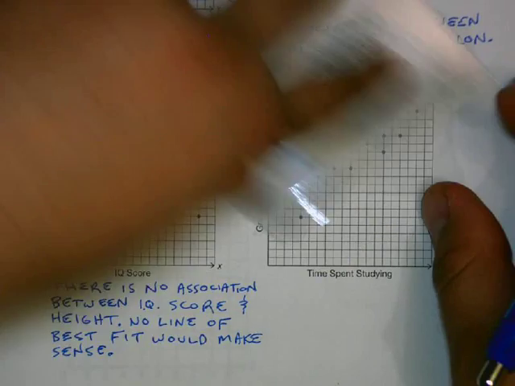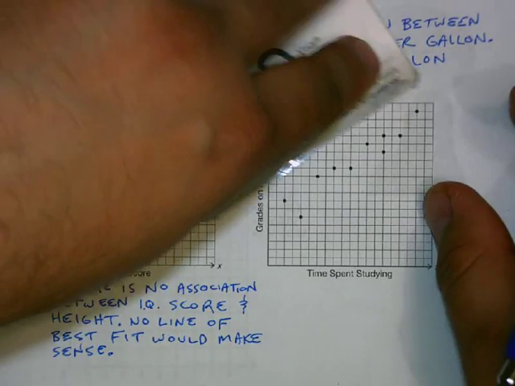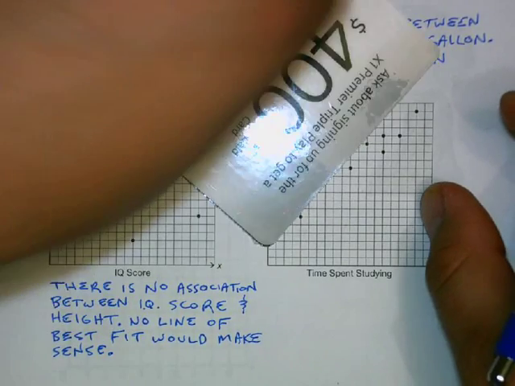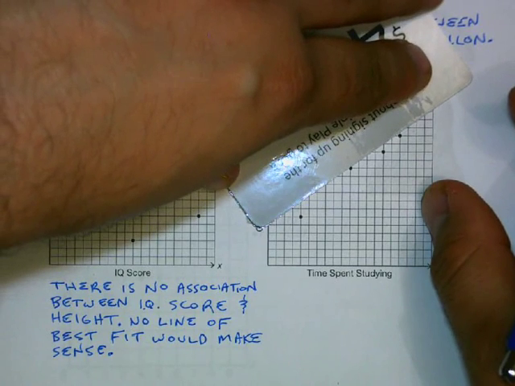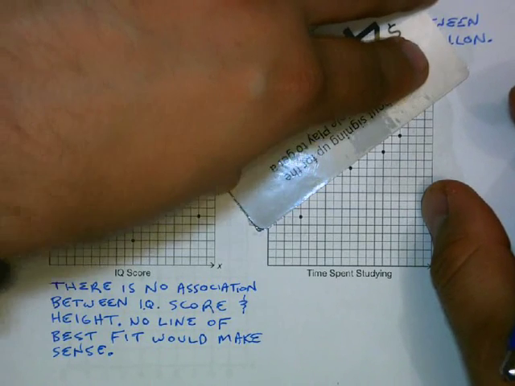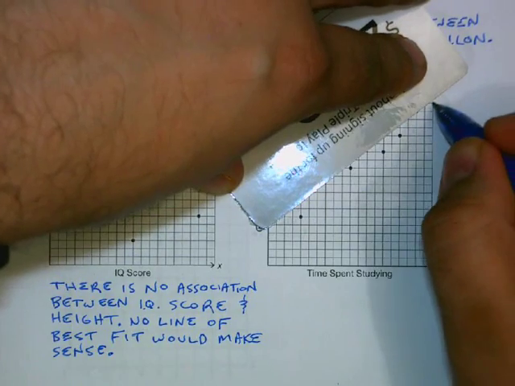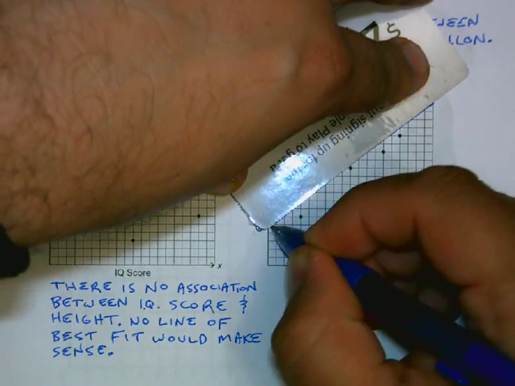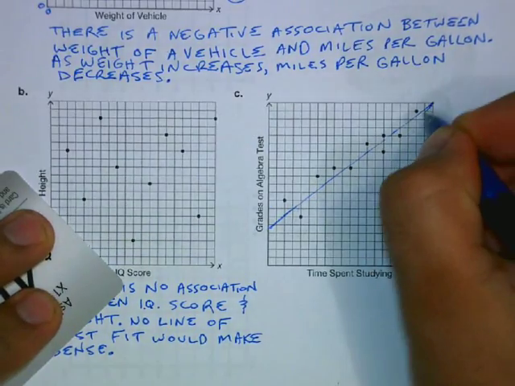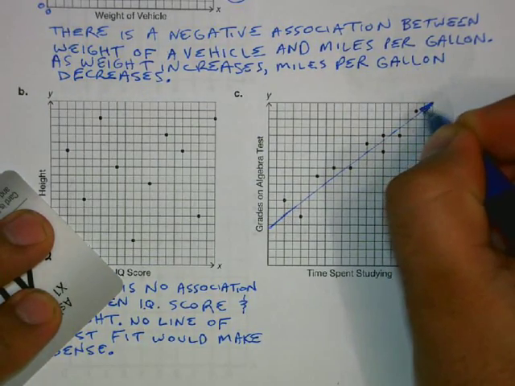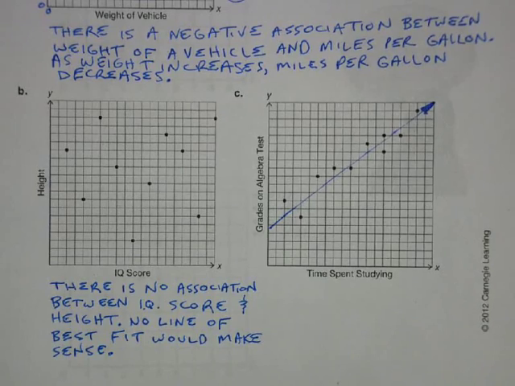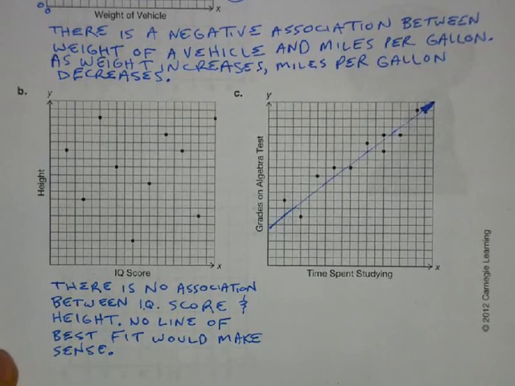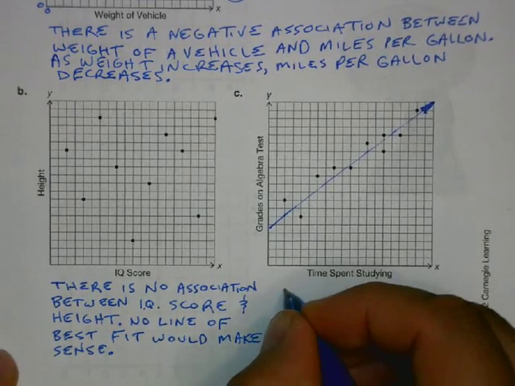So let's make two statements. We want to talk about the association. Is it positive or negative? Well, we know it's going up, so we could say it's positive. So we could say there is a positive association between what?